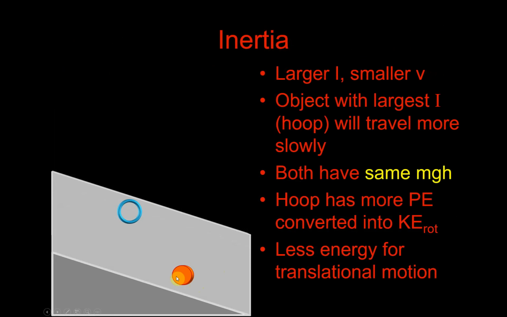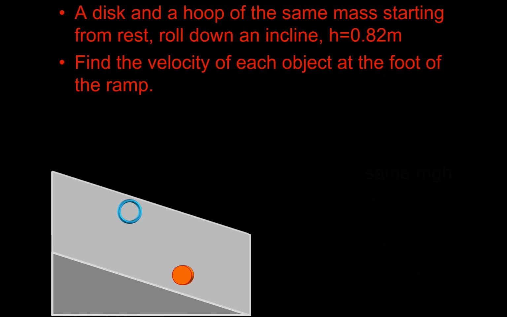Now the disc uses more kinetic energy in terms of its translation, because the moment of inertia of the hoop means it uses more kinetic energy in its rotation, which means there's less kinetic energy left over to translate it down the slope. So the energy that's lost in rotating the hoop slows it down and gives it less energy for translation, and gives it a slower velocity because its mass stays constant.